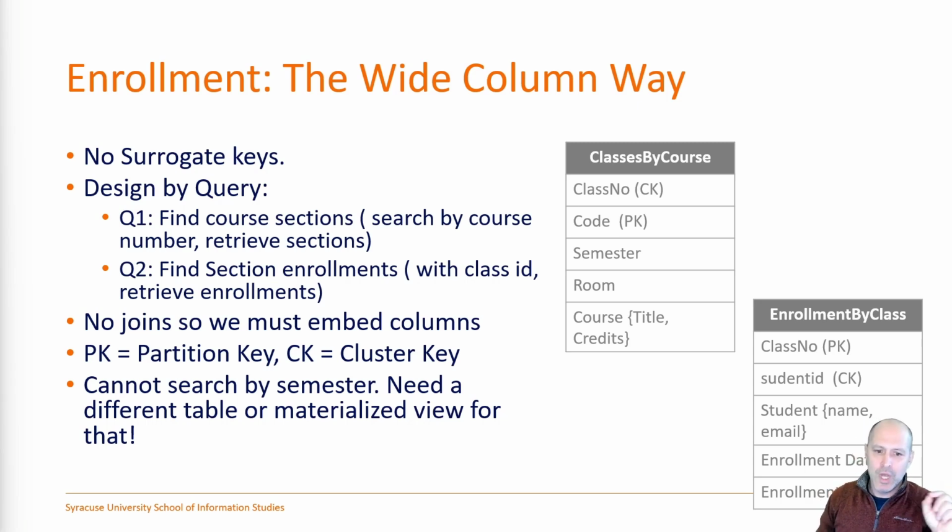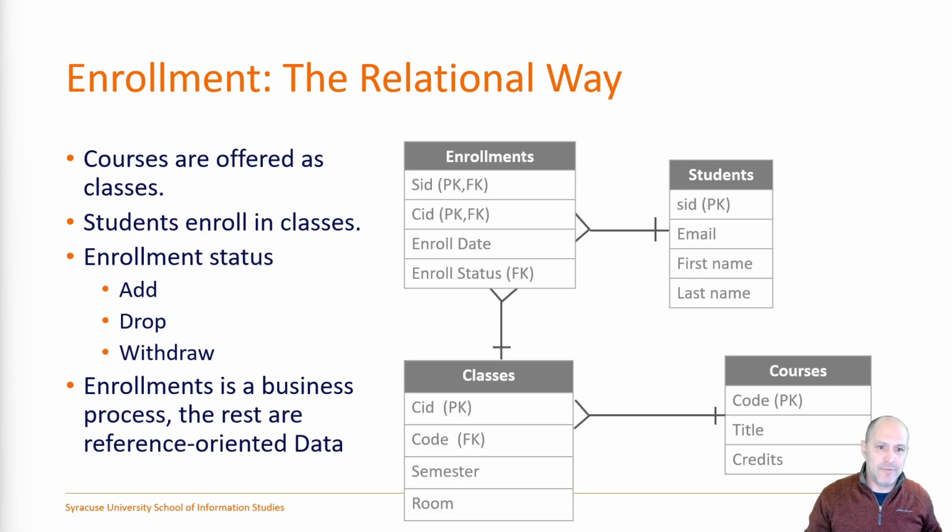So we want to know who the students are in the class, when they enrolled, when they dropped, when they added, right? All that stuff. So that would be this table here. This table here, enrollments by class, is kind of representing this here, and then it's representing this right here.